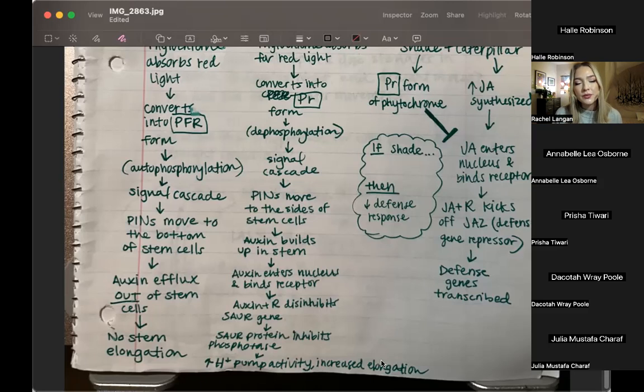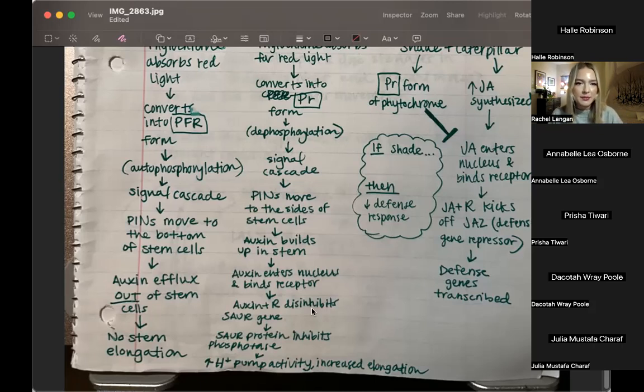And you can also use the proton electrochemical gradient to activate chloride-hydrogen symporters that bring chloride into the cell. So by bringing potassium and chloride into the cell, you increase solute concentration, decreasing the solute potential of the cells, decreasing the water potential. That's going to cause water to come inside.